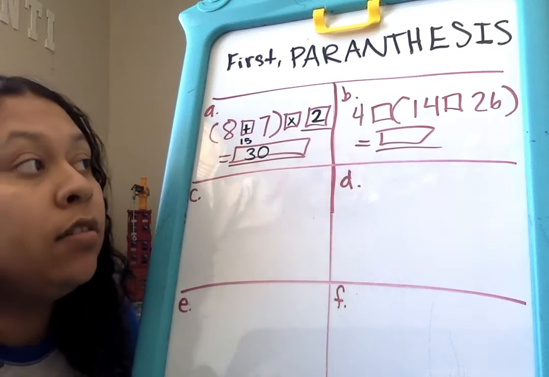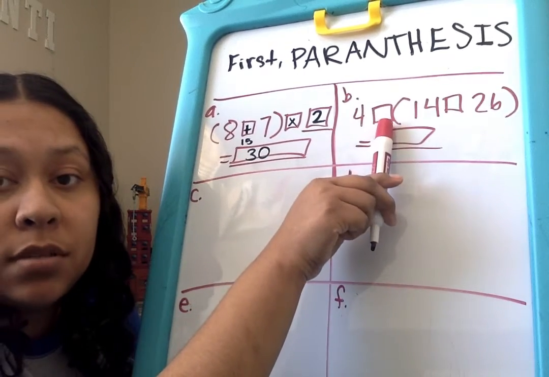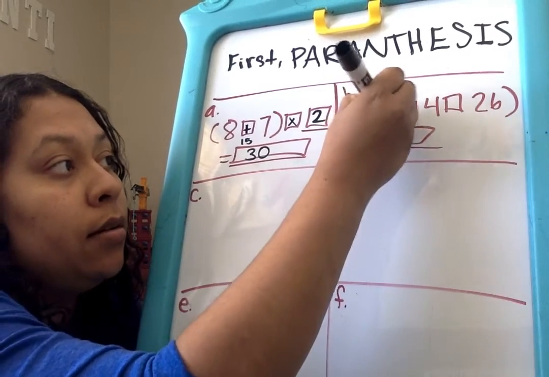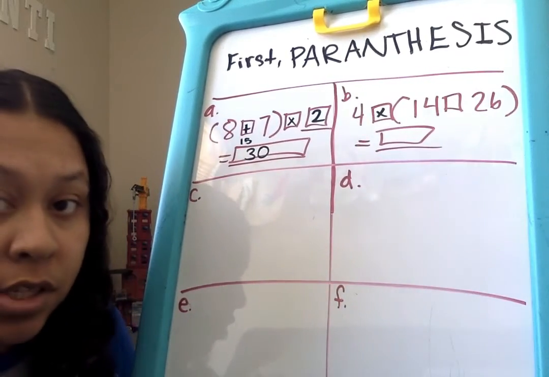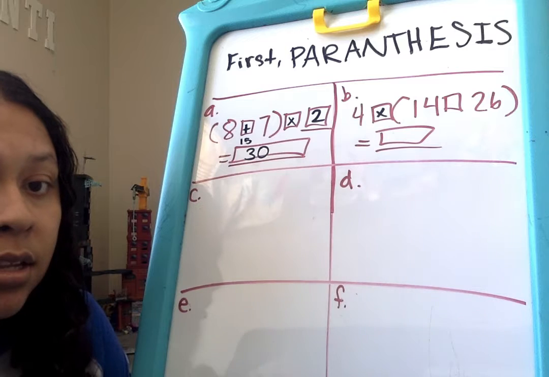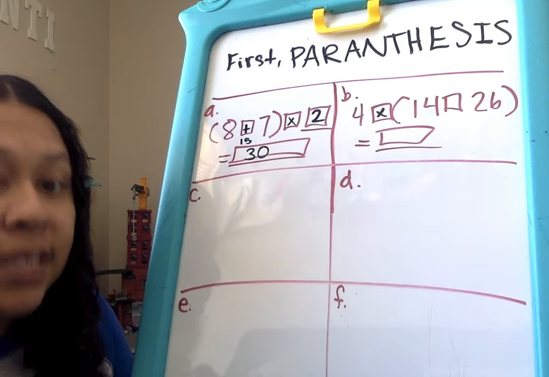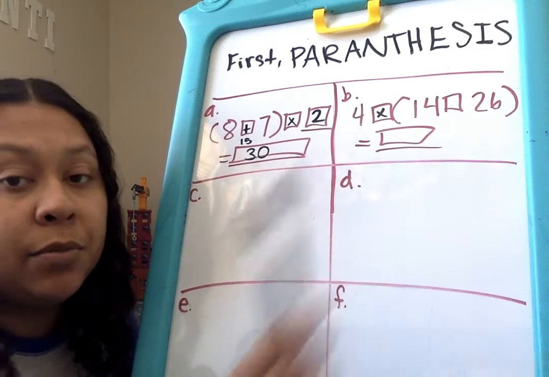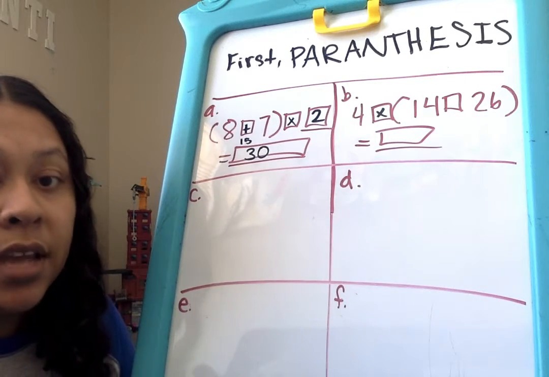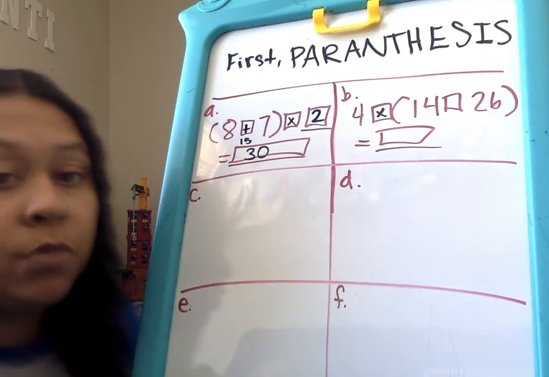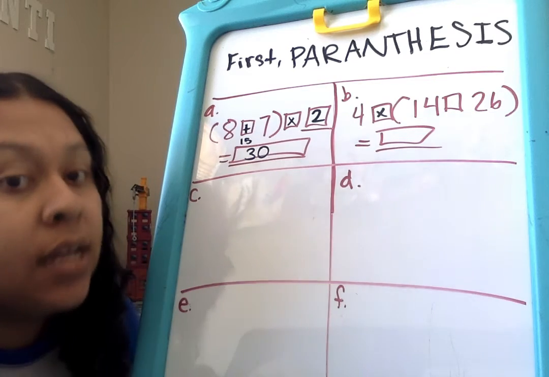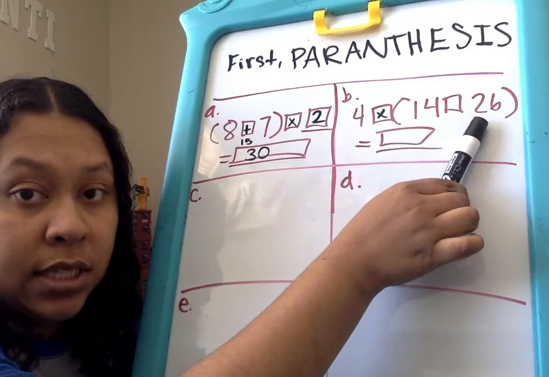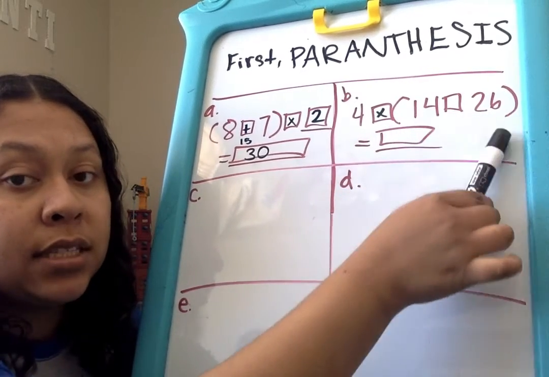We have 4 times, so you need to plug in a multiplication sign, the X. The sum of 14 and 26: we have 14 and we have 26, and it's in parentheses because the word sum is telling us that we need the answer of 14 and 26.